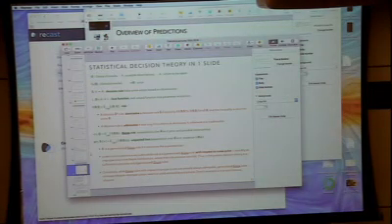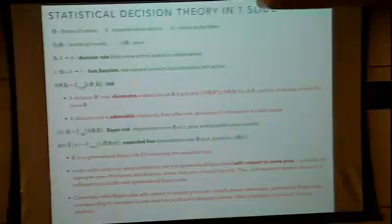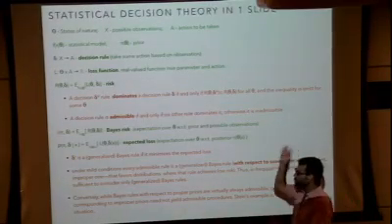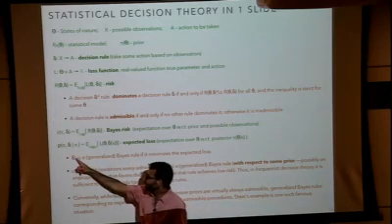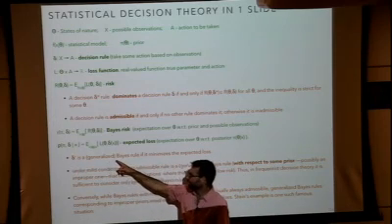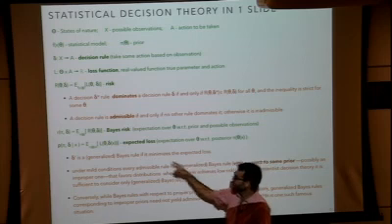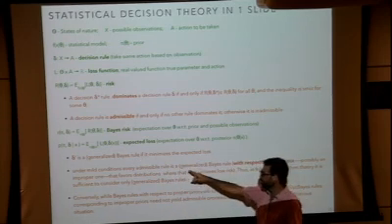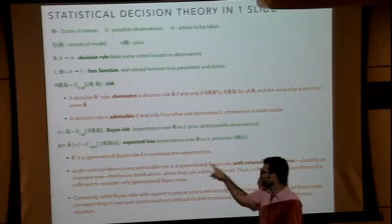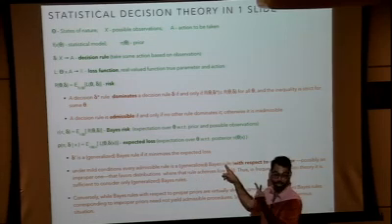Almost there. Okay, so the statements are basically, under some conditions, this delta prime, one of these decision rules, is called a generalized Bayes rule if it minimizes this thing, okay? And then it says under mild conditions, every admissible rule is a generalized Bayes rule. So that's what he's saying, right?